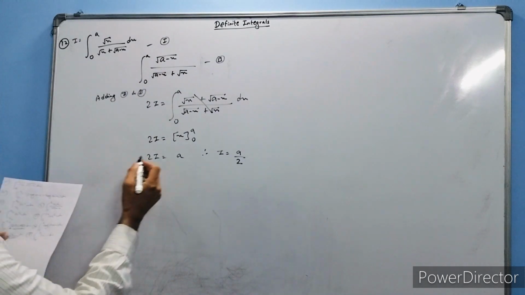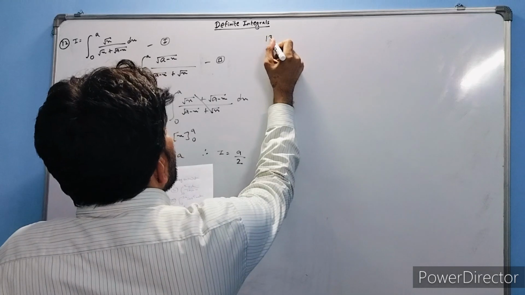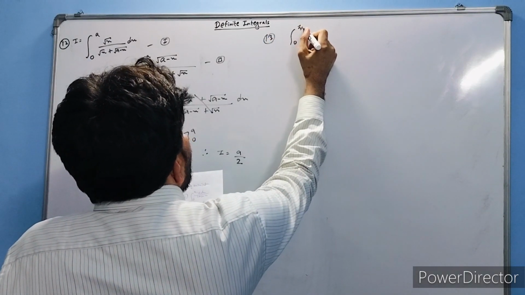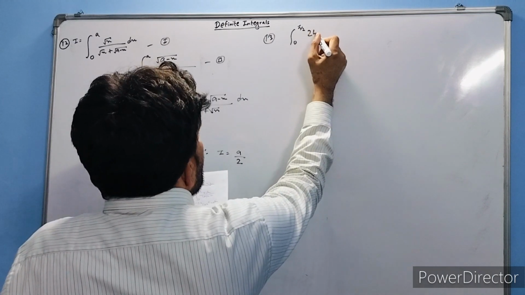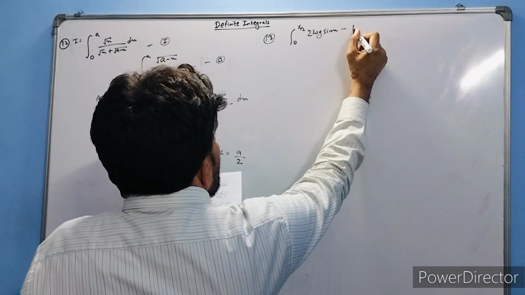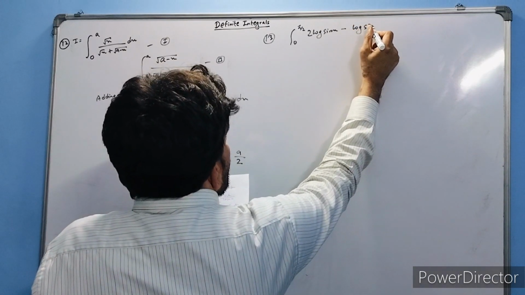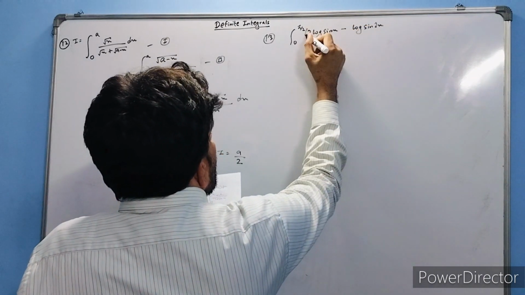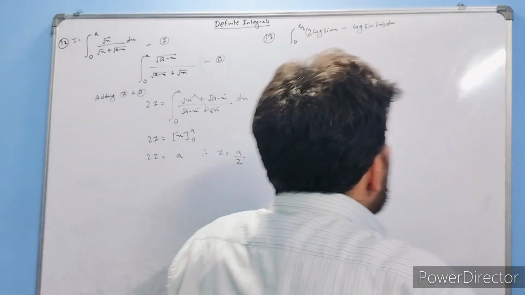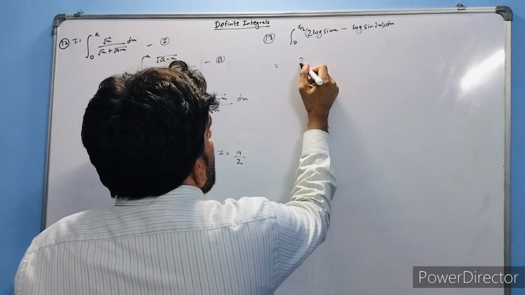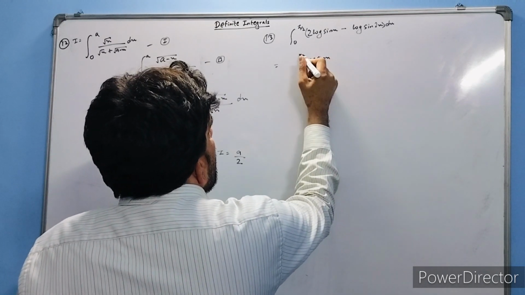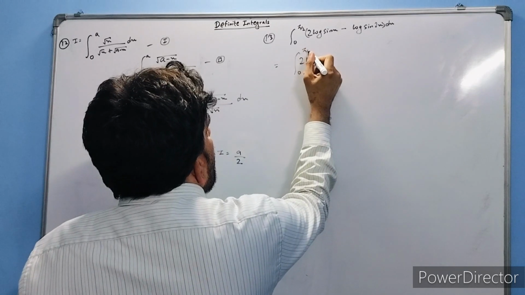This is what we have, the 13th question, that is integral 0 to pi by 2 of 2 log sin x minus log sin 2x dx. Okay, so without solving, let us try to see 2 log sin x, 0 to pi by 2.